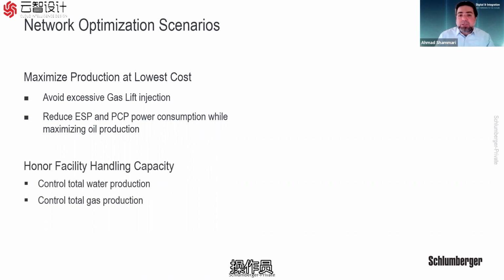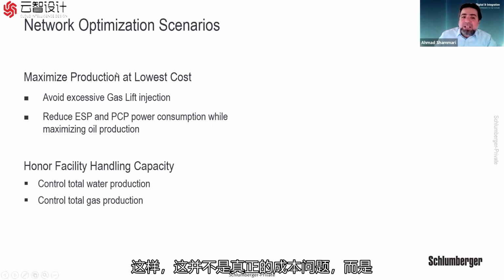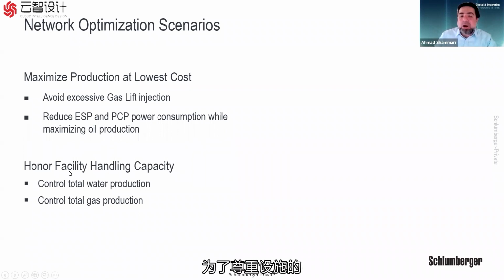Another operator would need to focus on the major problem, which is the limitation in the facilities they have. So it's not really about cost, it's to honor the facilities handling capacity.